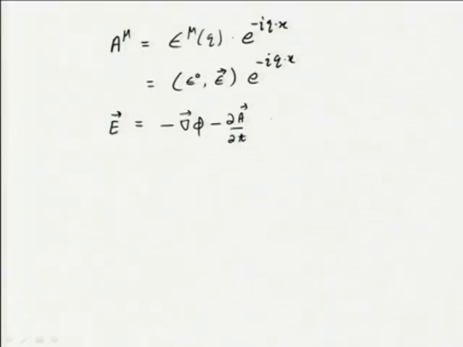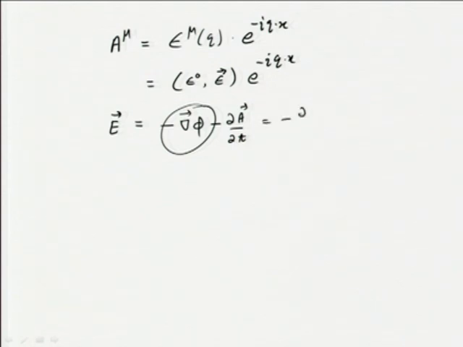So, for a free photon, we can imagine that there is nothing else but a changing electric field and changing magnetic field, one inducing the other. So, in that case, phi is equal to 0.